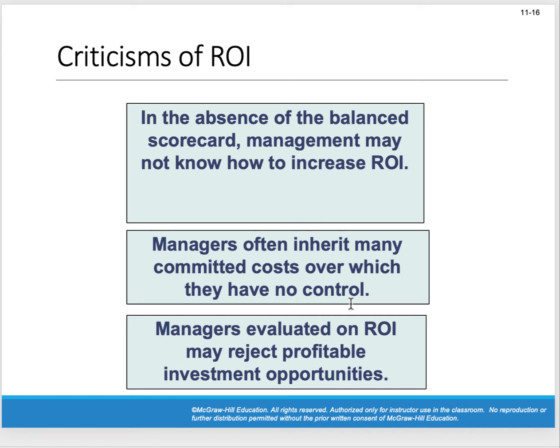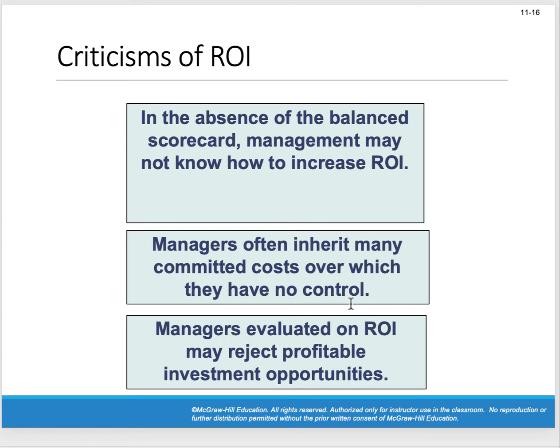Another criticism of ROI, because we're using average operating assets, think about it. How long do operating assets last? Well, probably a while, right? 10 years, 15 years, maybe 20 years. So the problem with ROI is that if we get a new manager, that manager is going to inherit costs that manager has no control over because they didn't make the decision, okay?